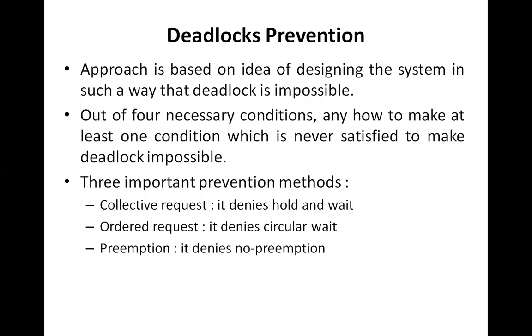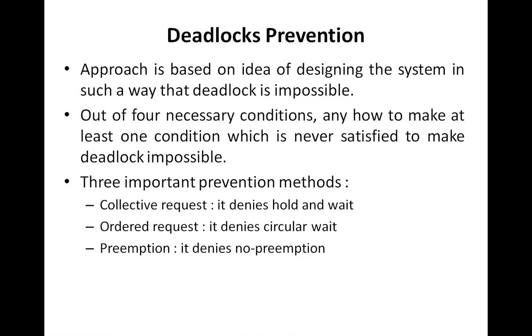This particular way cannot be made in the form of a request for other resources. So as far as deadlock of the printer is concerned, it can be made impossible if we adopt this method. This is called spooling.